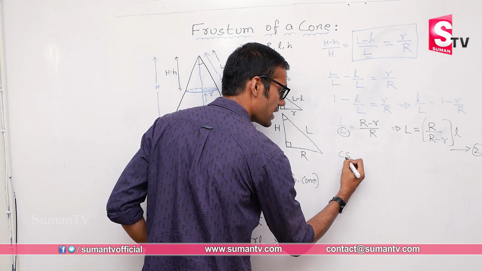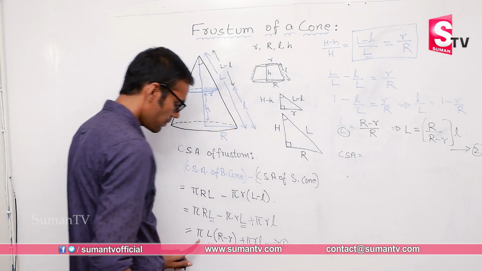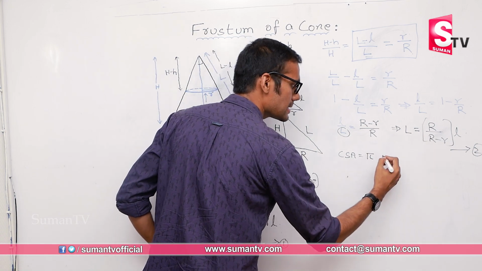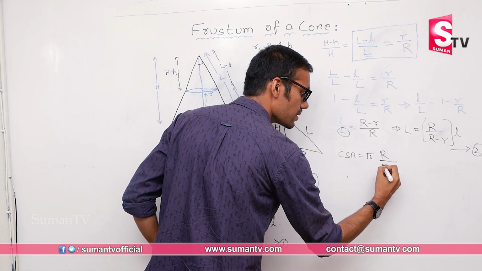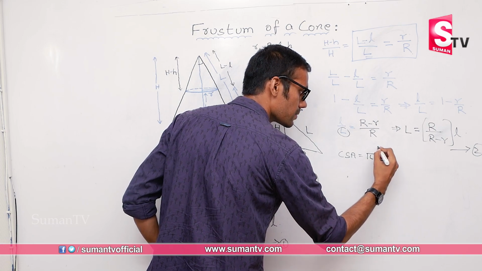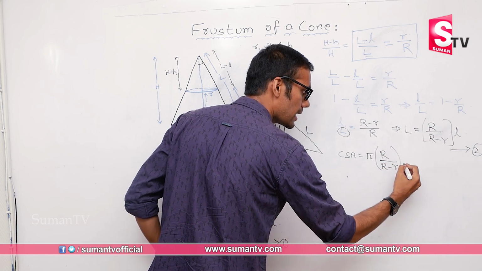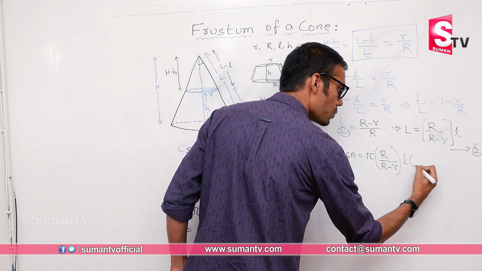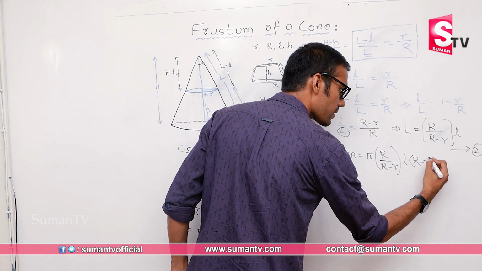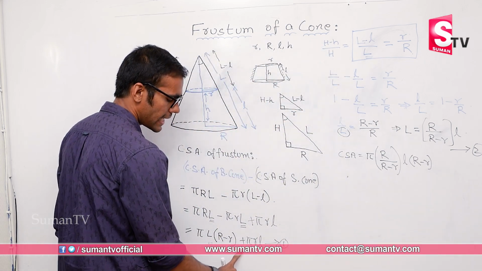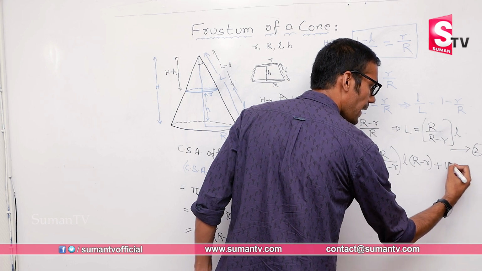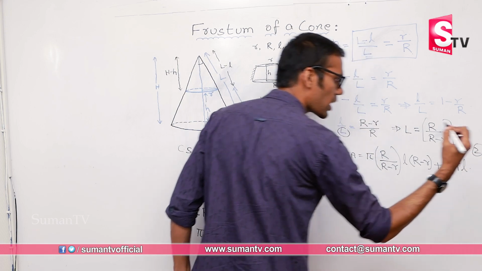So, CSA will be equal to pi into capital L. So, pi into capital L is capital R by capital R minus small r into small l, and we already have capital R minus small r, and we again have the term plus pi small r small l.